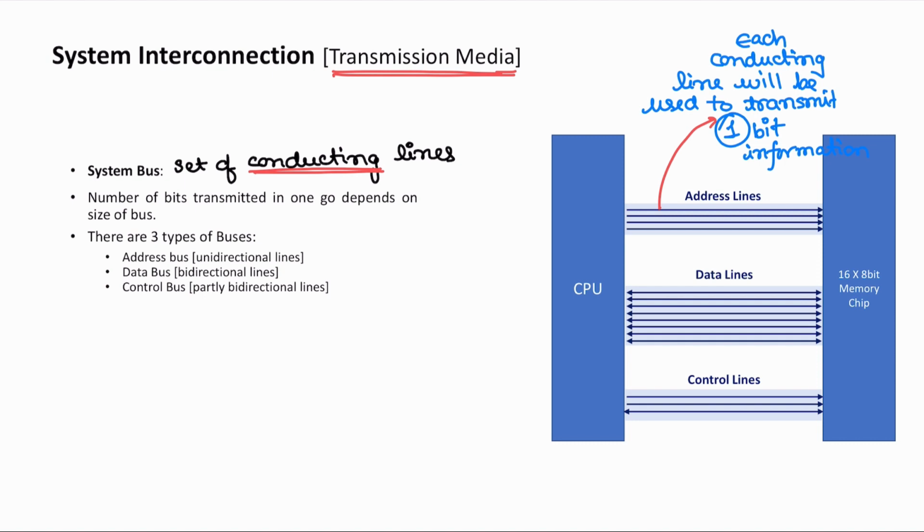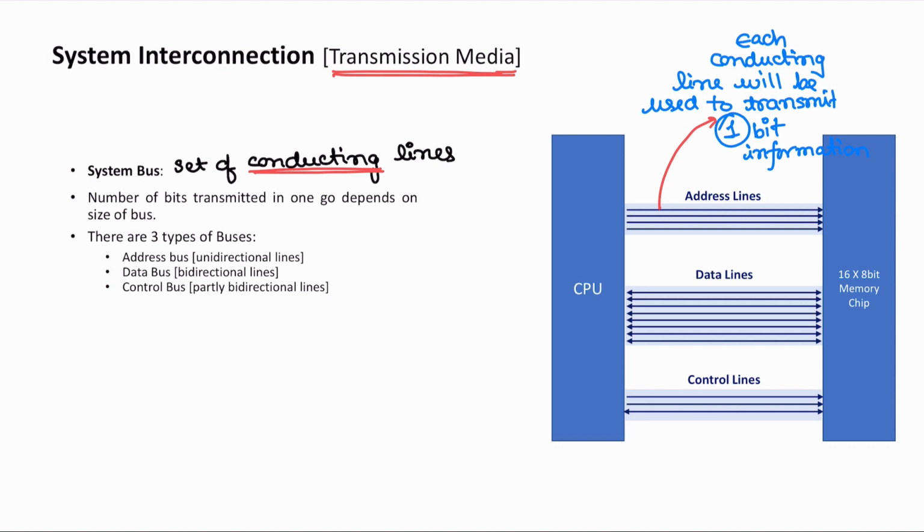The other thing that we know is that a conducting line can pass electricity through it. That means it can support a potential difference at the two ends of this line.